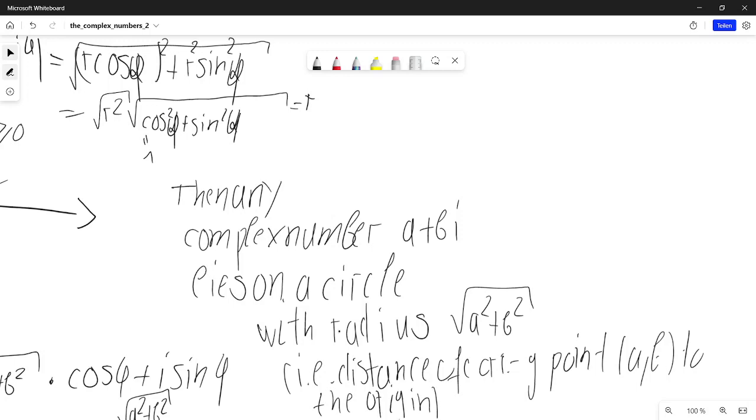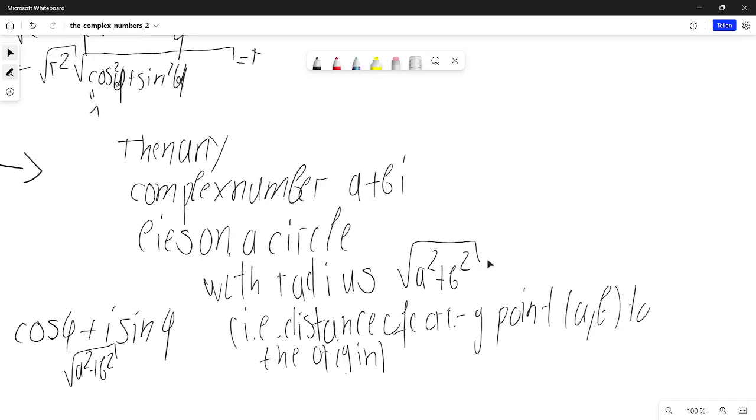And pay attention, I have skipped this step a plus i b. It's obvious by now, right?